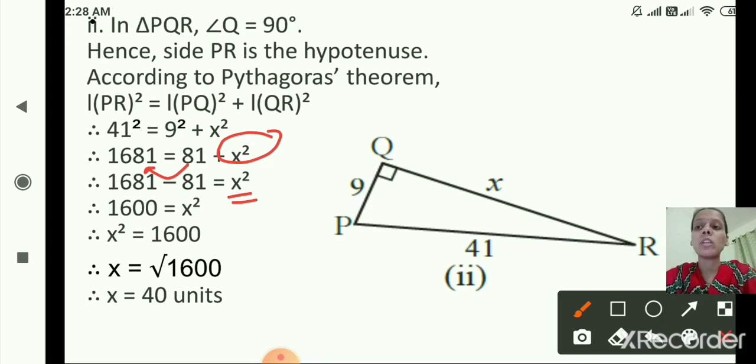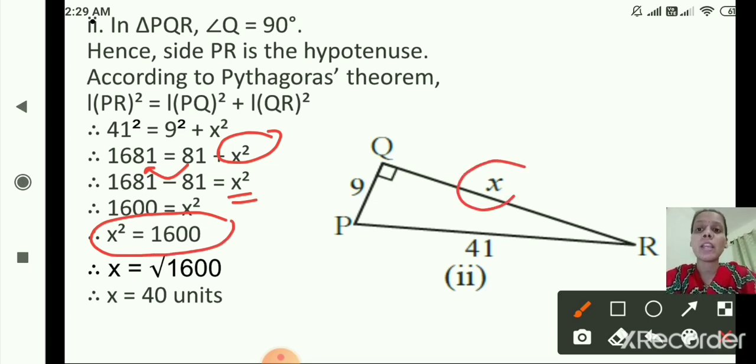Now we'll do the subtraction. 1681 minus 81 is 1600, right? So 1600 is equal to x square. Now here we got x square is equal to 1600, but what do we have to find out? We have to find the value of x, not x square.